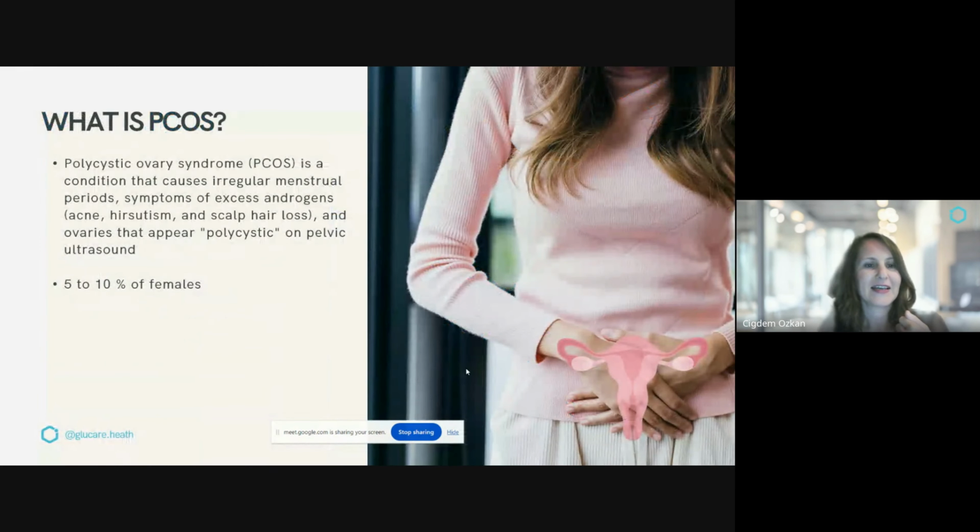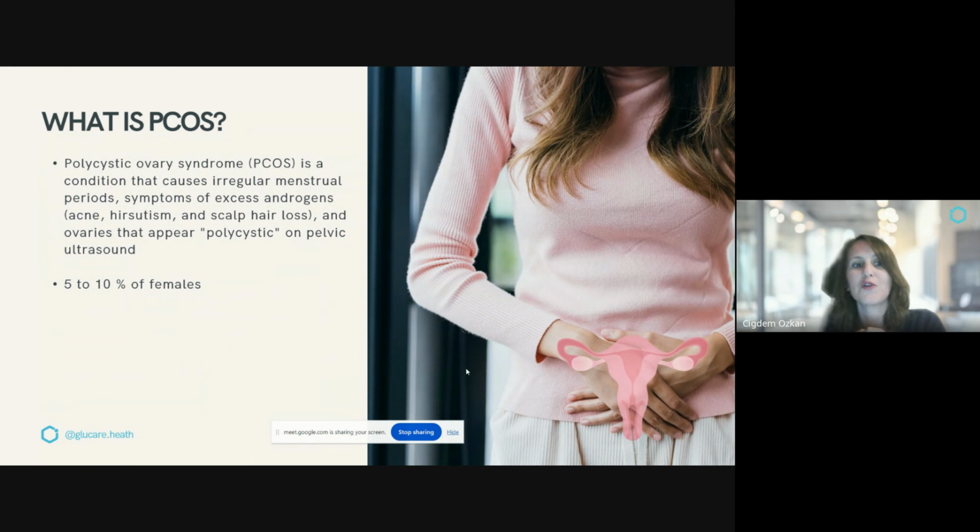What is PCOS? Polycystic Ovarian Syndrome is a condition that causes irregular menstrual periods and symptoms of excess androgens, which can be presented as acne, hirsutism, or hair loss. But this hair loss is mostly temporal type. It will not be like the generalized hair loss which we usually face.